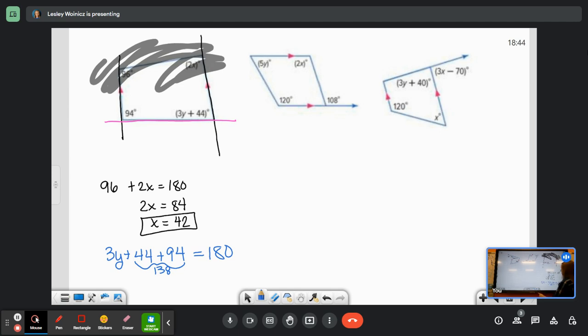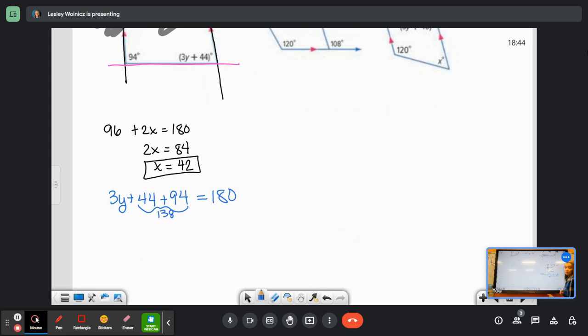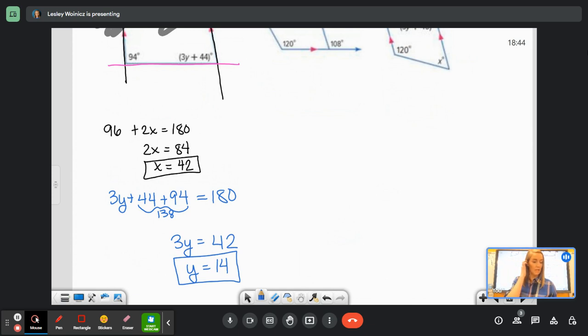If you subtract 138 from both sides, you get 3y is 42. Divide both sides by 3, you get y is 14. So both of those pairs were same side interiors and they were supplementary, so that's why we had to add them up to 180.